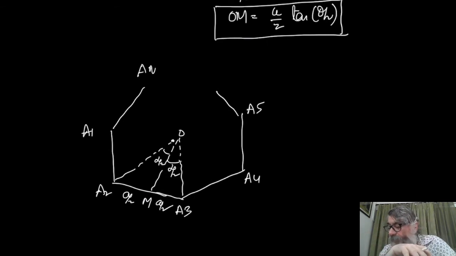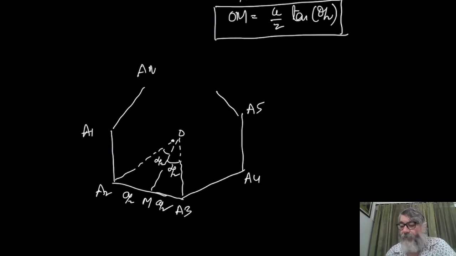Their base angles will be the same, and they will form the same angle at the center of this polygon. The center of the polygon is actually the center of that circle, either which circumscribes or inscribes the polygon. So I have done this.